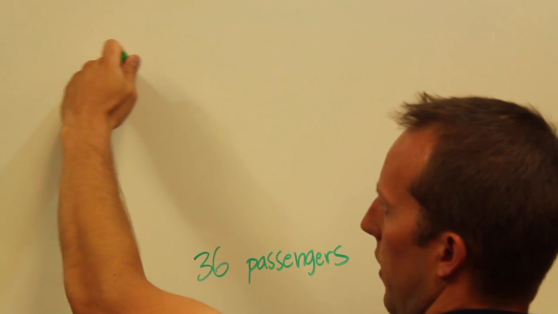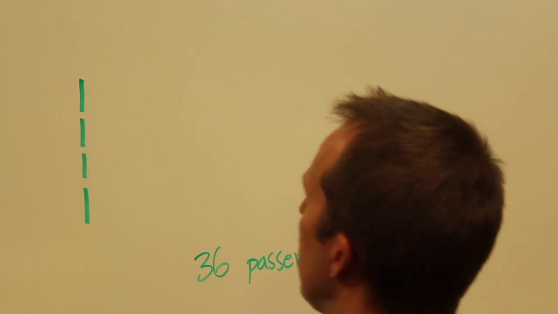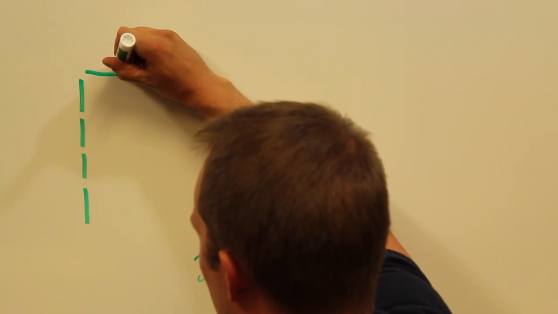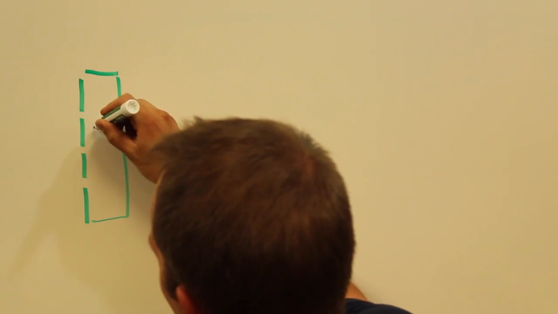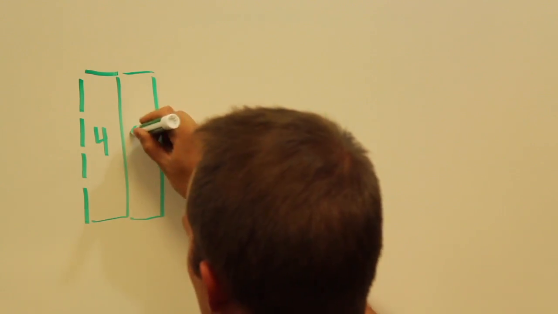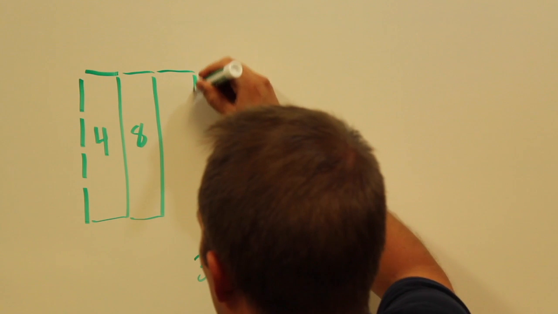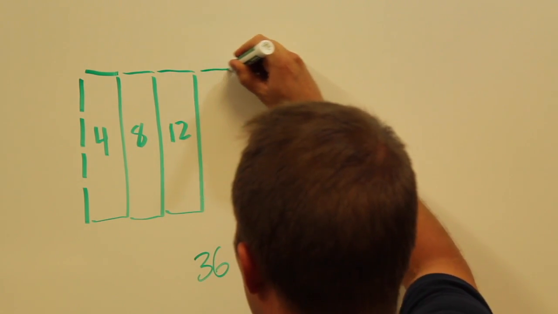What we're really just trying to figure out is how many tiles we need to go over before we hit 36. Okay, so if I go over 1 tile, that gets me 4. If I go over another tile, that would get me 8. If I go over another tile, that gets me 12. Okay, so I keep going.